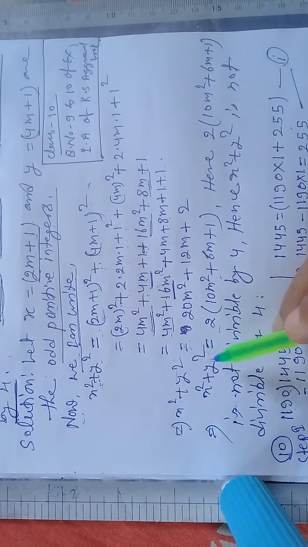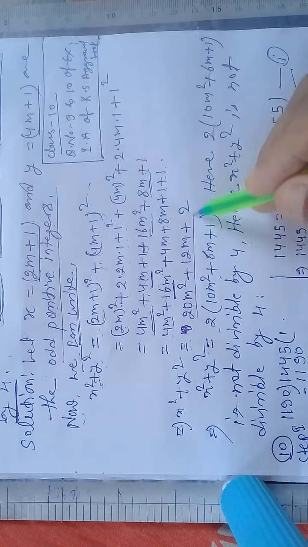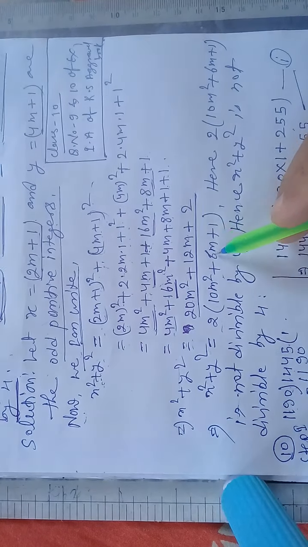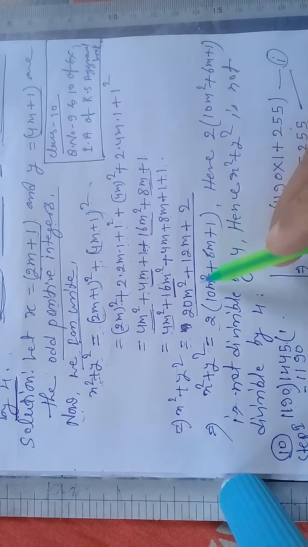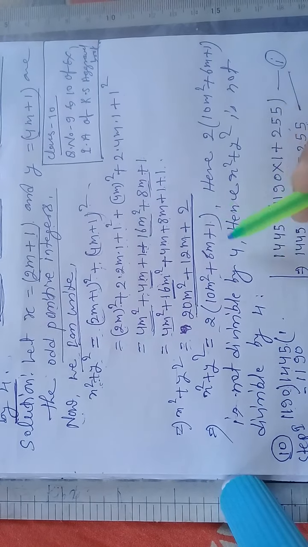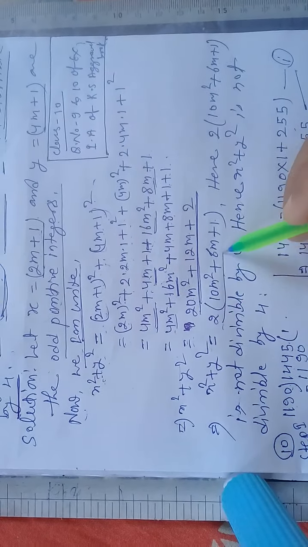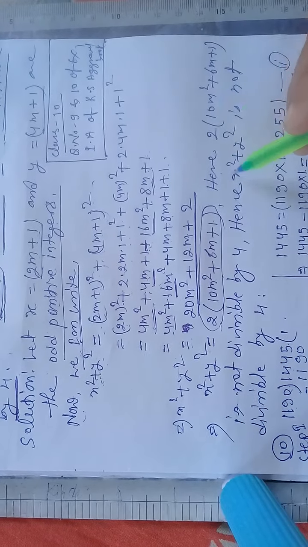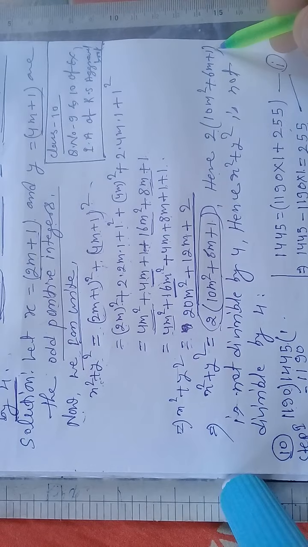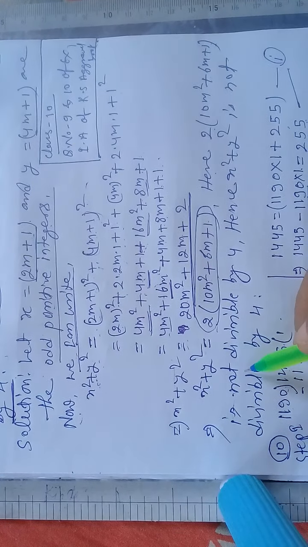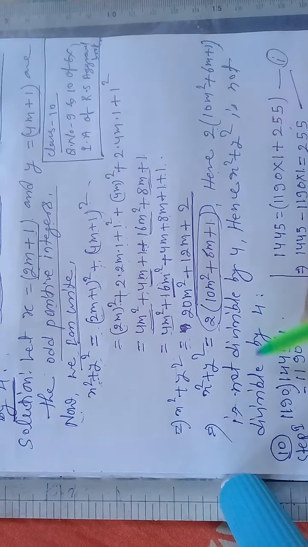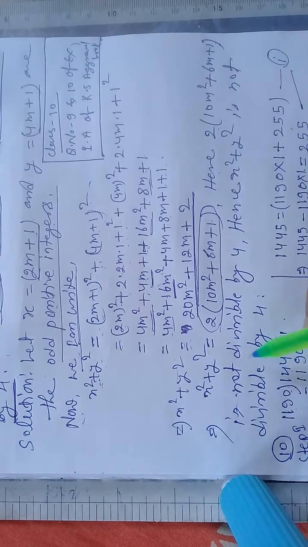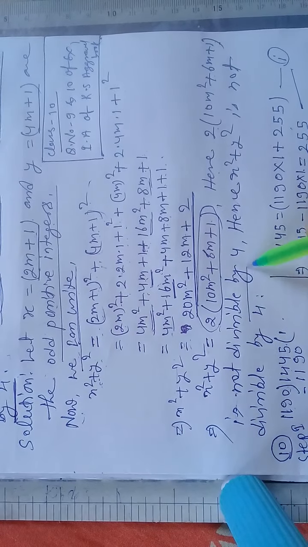Now in x square plus y square, 2 is common: 2 into (10m square plus 6m plus 1). This whole term is divisible by 2, but it is not divisible by 4, because 10m square plus 6m plus 1 is odd.